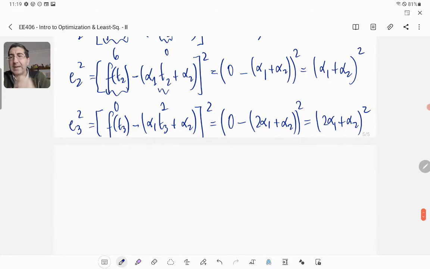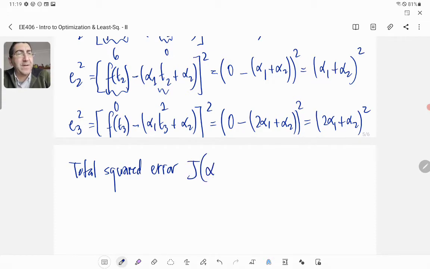So what is my total squared error? Remember, this is our J of alpha, the objective function in terms of the alpha parameters. That is the error in terms of alpha 1 and alpha 2. And what is that equal to?